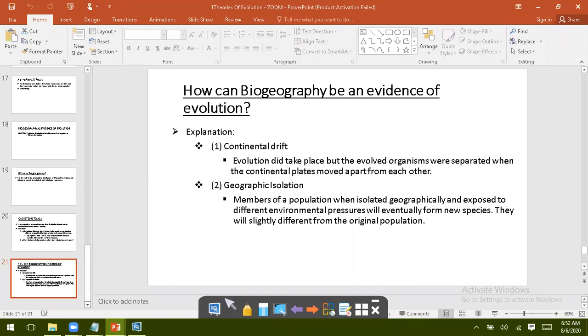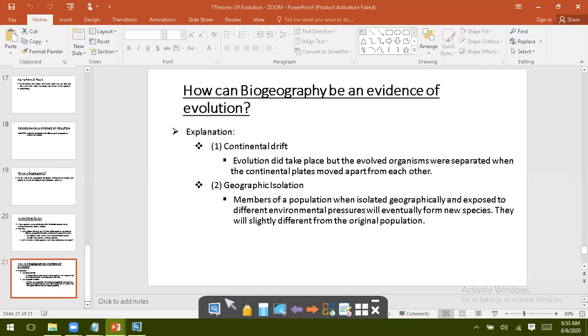So members of one particular population can be separated through geographic isolation, and then as a result of environmental pressures present in those places, they can form different adaptations suitable for that particular environment, and therefore eventually form new species. We're going to have a look at that one later. But these are the two reasons that we can use biogeography to give evidence for evolution.